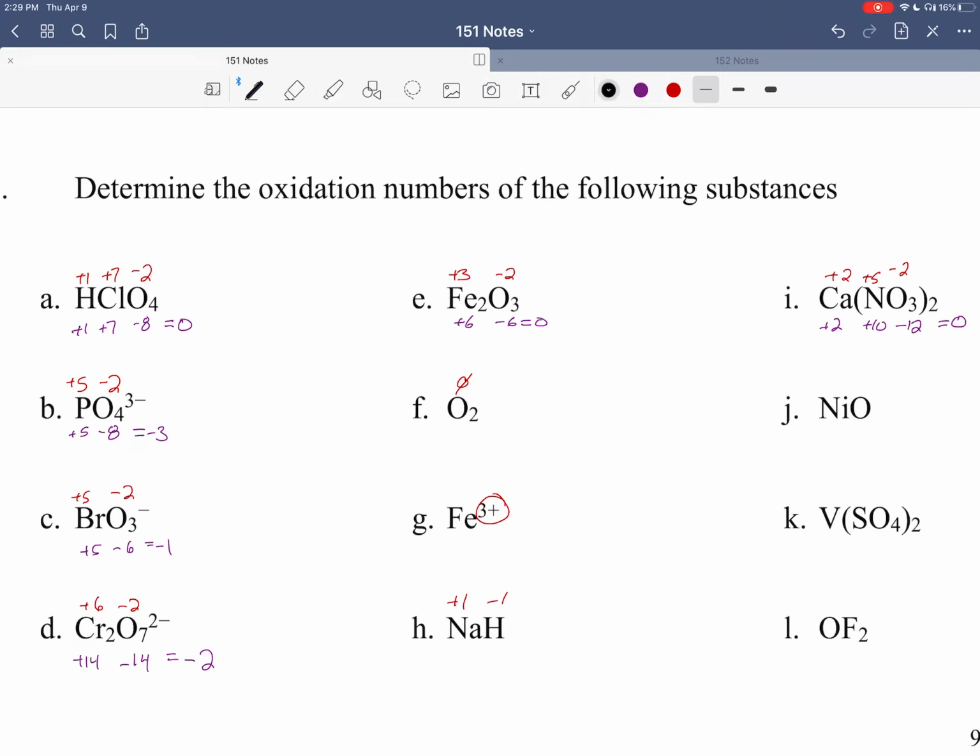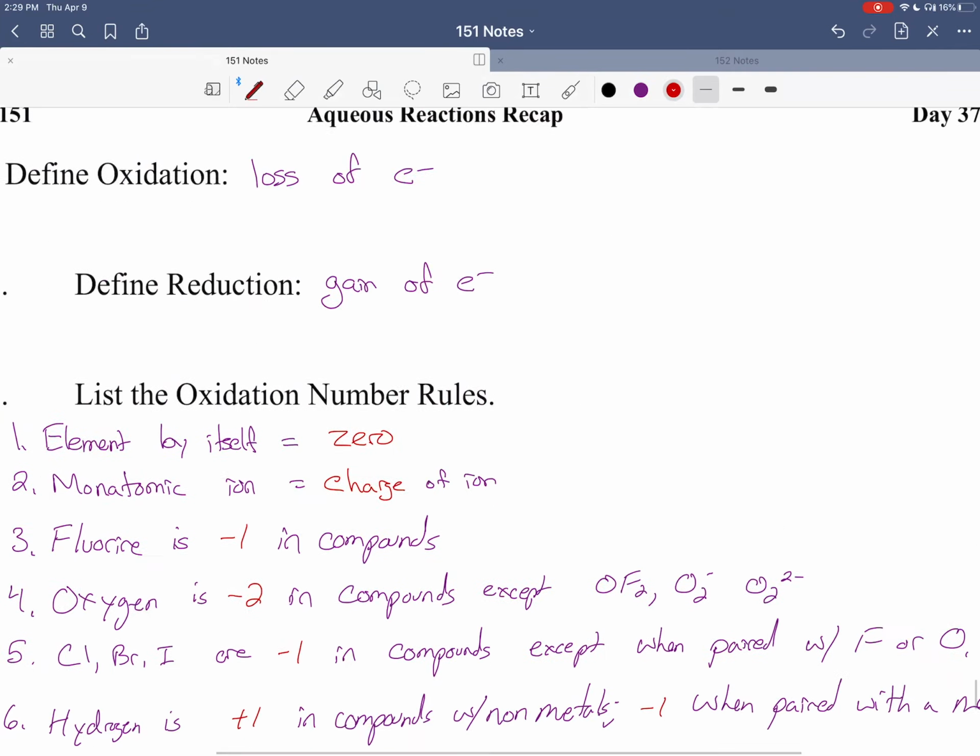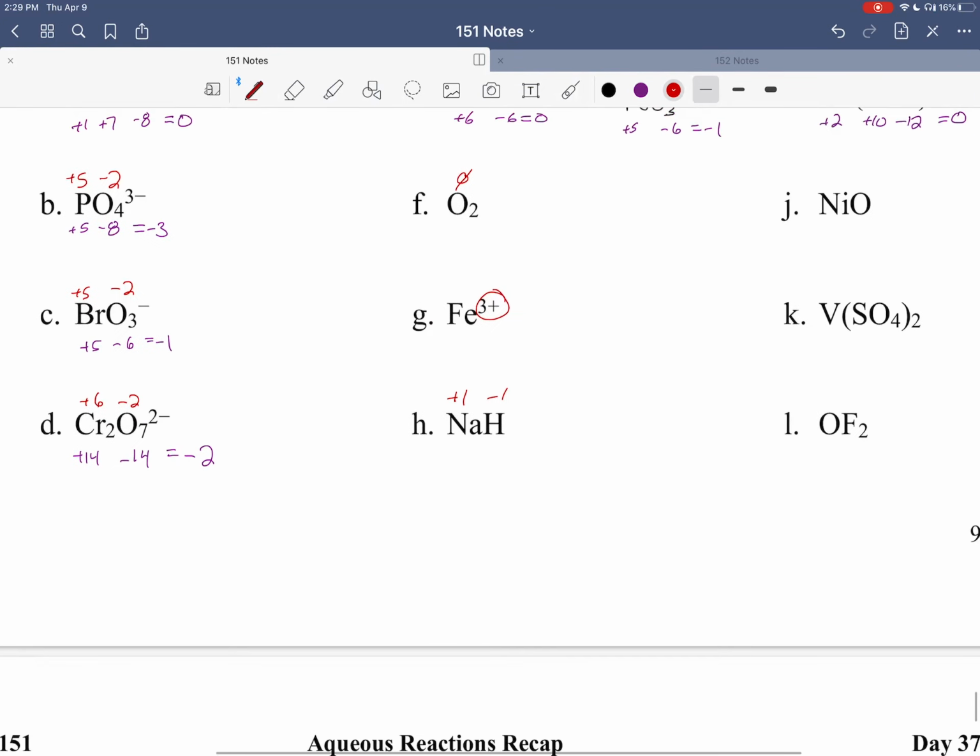Now, if we wanted to, I could take nitrate out and just do nitrate. So -6 plus 5 plus 5.